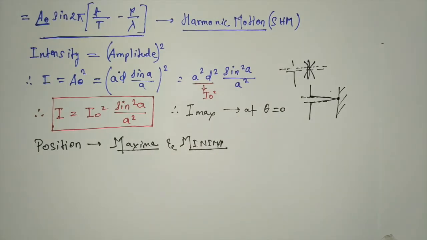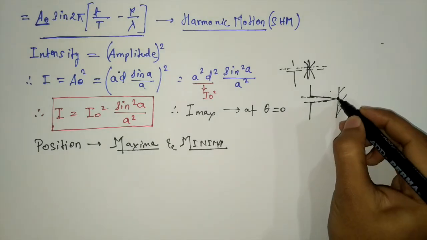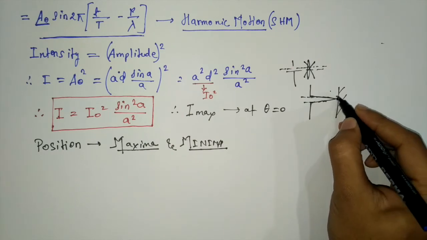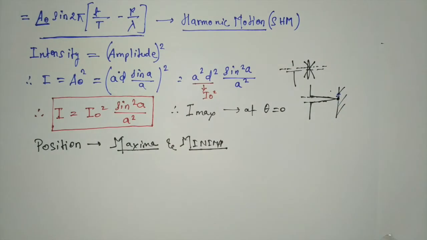First, we have to consider central maximum and central minimum. If this will be central maxima, then there cannot be another central minima. So it will be the secondary minima that we are going to consider here.